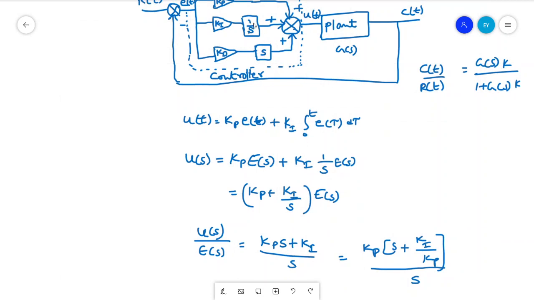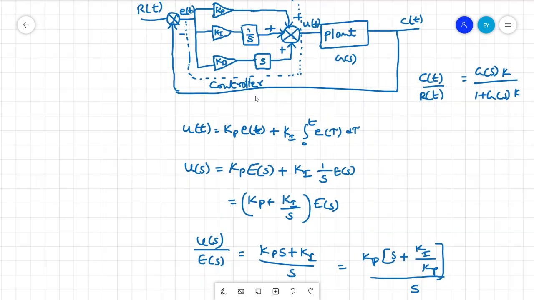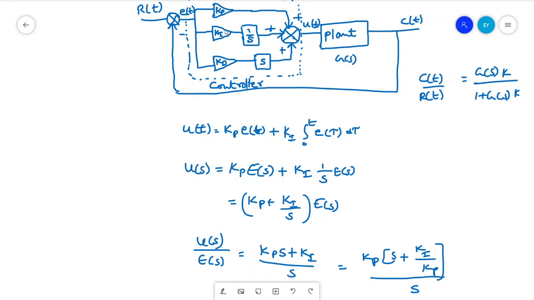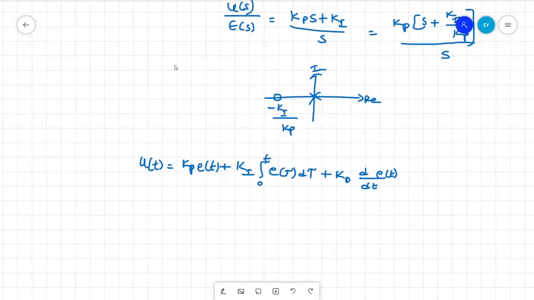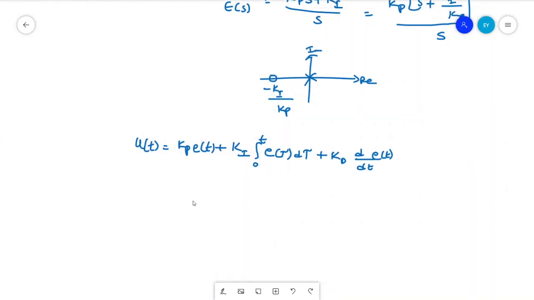Remember, 1 by s is nothing but an integrator, and s is nothing but a derivative. We are actually sending the signal e of t to kp, ki and kd separately, right? So that is how the PID expression can be written in the time domain.